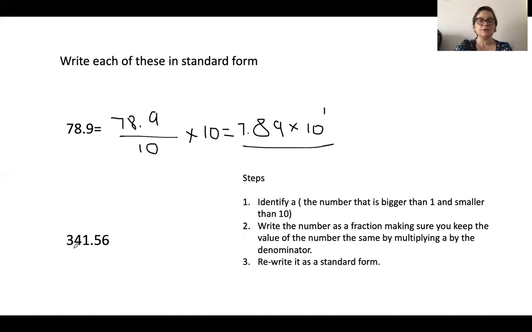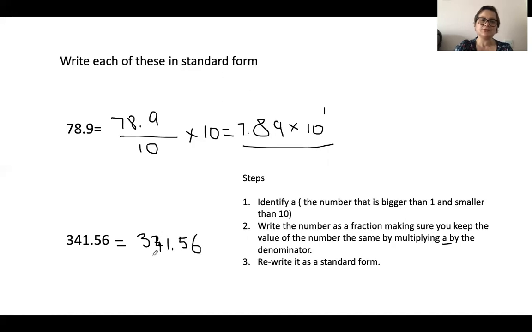Here we have 341.56. Write the number as a fraction, it says, making sure you keep the value of the number the same by multiplying a by the denominator. So multiply a by the denominator. So we are going to have 341.56.